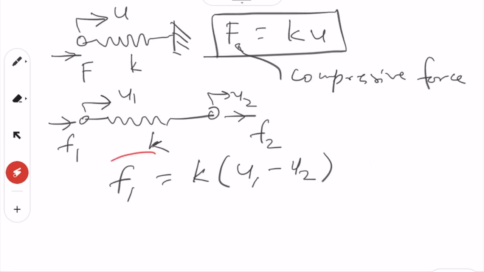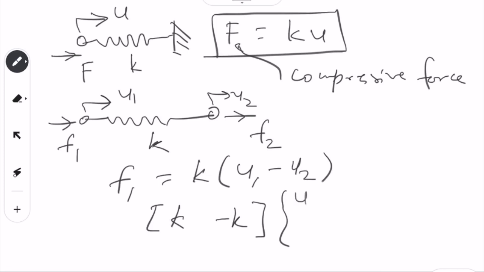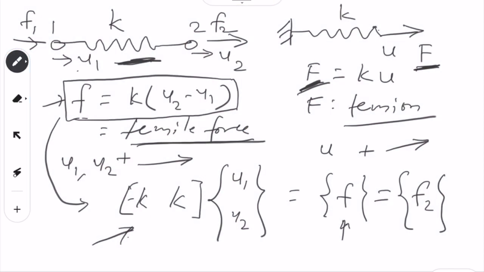We can write the whole equation in matrix form, which will be something like this: k, minus k, and then u1 u2 is equal to f1. So we have now two equations. Let us call this number 1.